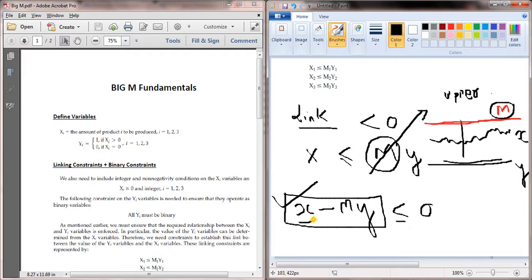First, we have two variables: this is binary and this is the amount, and we have a character called big M, and the equation x minus my less than or equal to 0 represents the linking constraint.